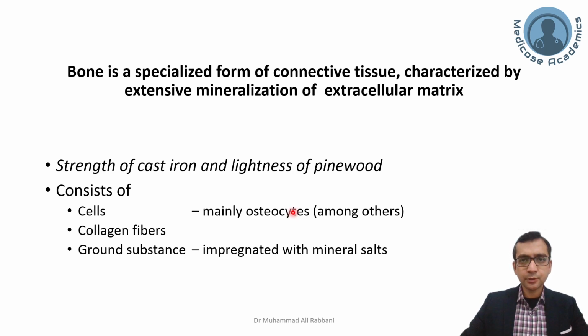We will go into detail usually in the histology lecture, but here you just have to keep in mind that the resident cells of the bone are osteocytes in majority. Again, osteoblasts and osteoclasts are there. Fibers, in majority, are the collagen fibers that give tensile strength to the bone. And the ground substance is heavily impregnated with salts, especially calcium and phosphate based ones.